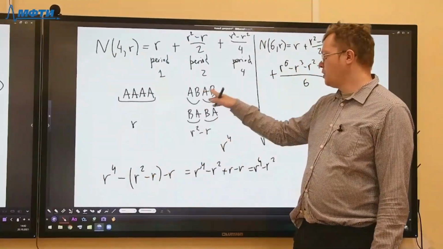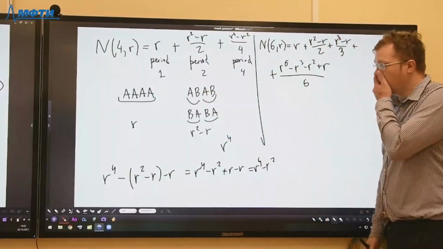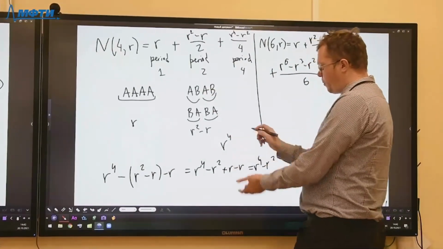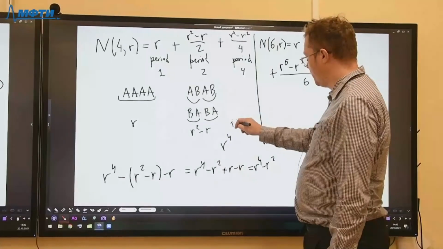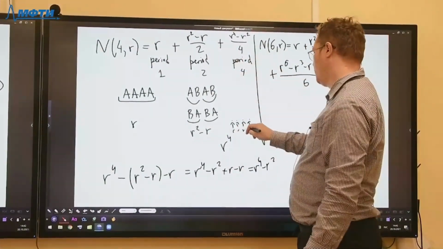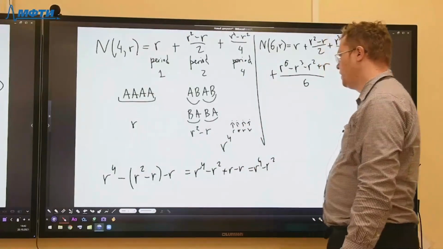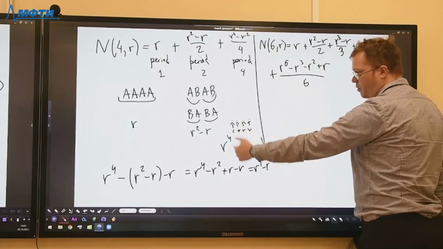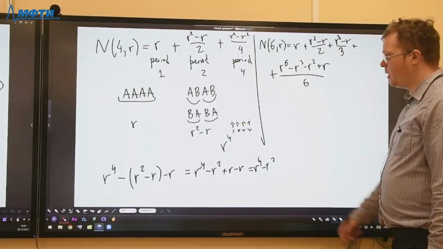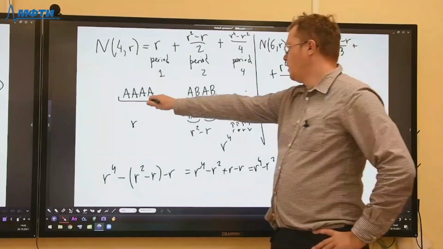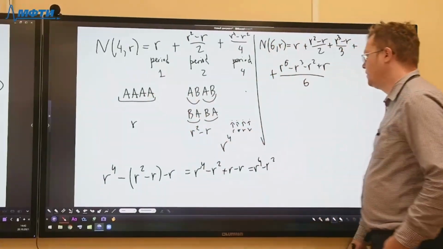We don't count the circular words. So we have 4 places, and each of these places can be chosen from our alphabet elements. And so we have a total of R to the 4th power words, but we already counted R here and R squared minus R here.